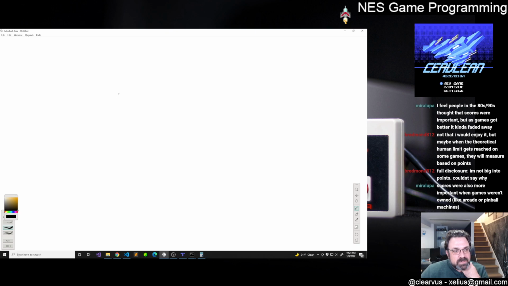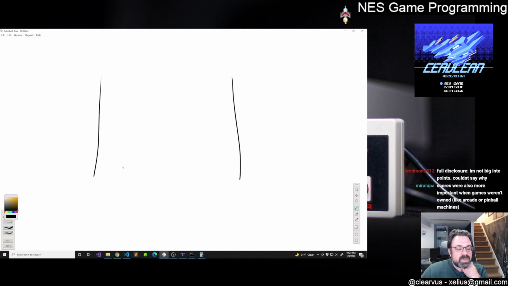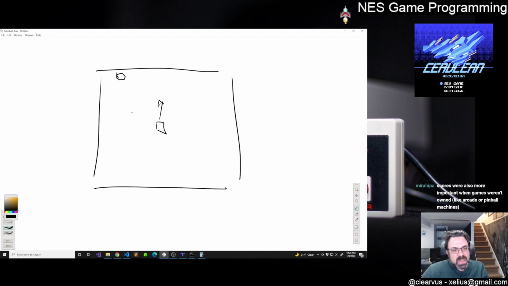So we have our screen, and Lunatrek, I did see your point about the horizontal scrolling. We can talk about that in a minute. We've got the ship, and the ship is moving forward but can maneuver within the space of the screen. Then we have enemies that are either floating around and just going to pass us, or a little more aggressive, traversing a path across the screen that intersects with the player.